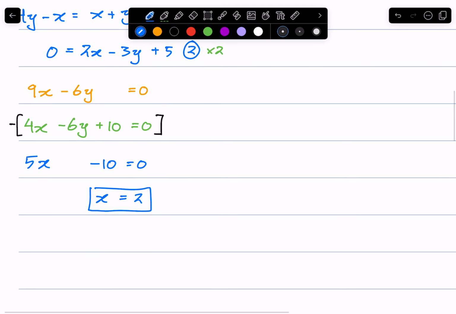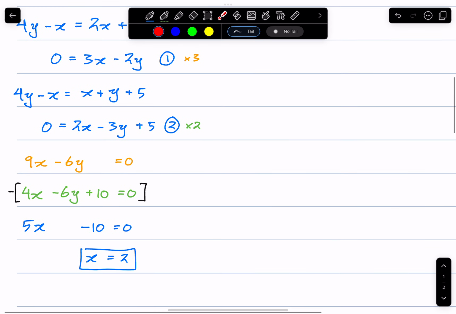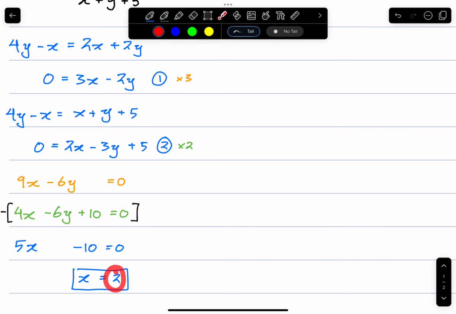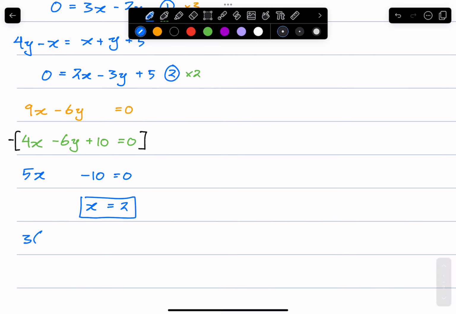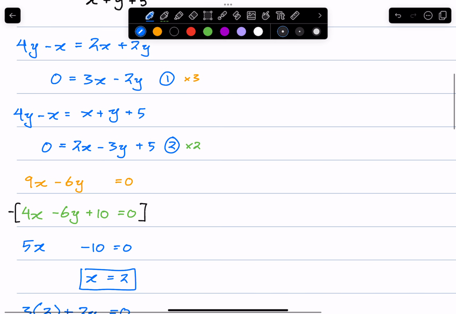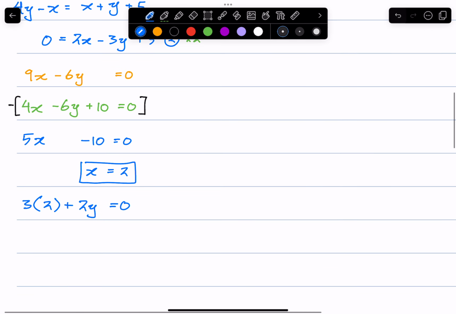Then we substitute x equals 2 back into equation 2 or 1. It's your choice, and for me, I'm going to substitute it back into 1. So this gets us 3 times 2 minus 2y equals 0. Sorry, not plus, it should be a minus there.